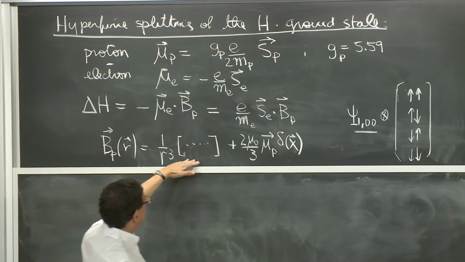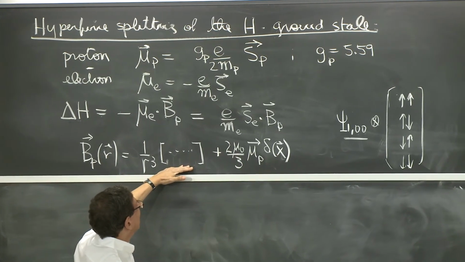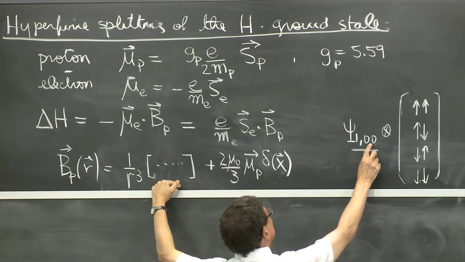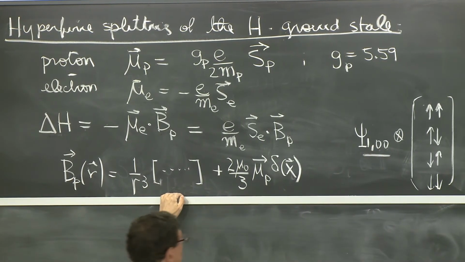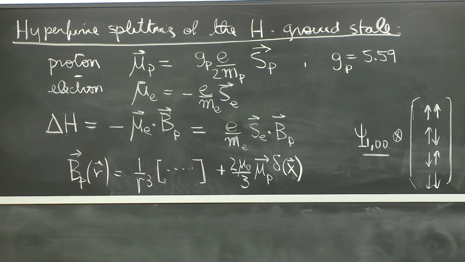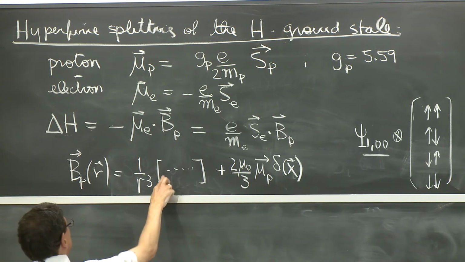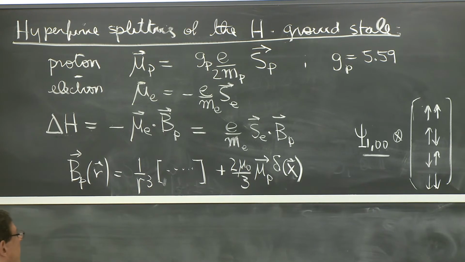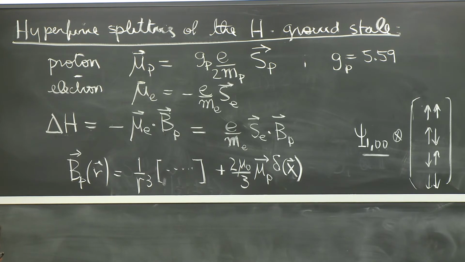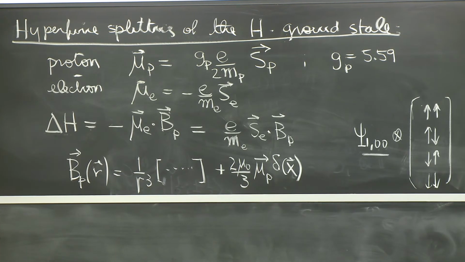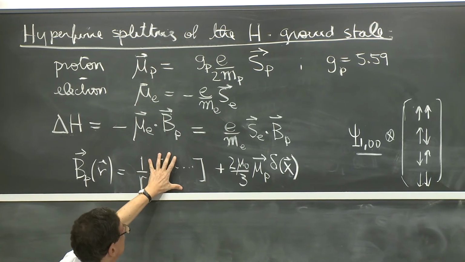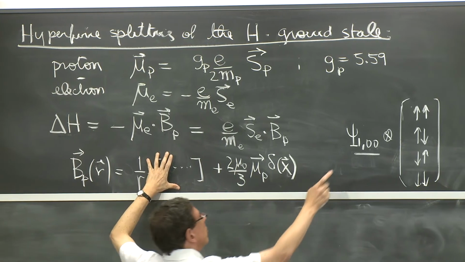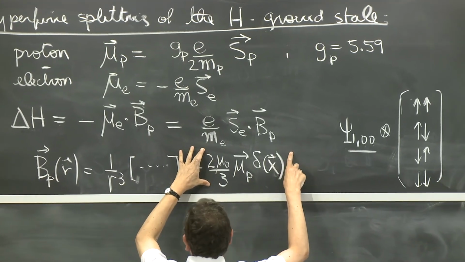This whole term that I didn't write completely vanishes for any state that has L equals 0, in fact. It can be shown. I will not do the computation here because that's not directly relevant to the example. If you want to check this, maybe we'll discuss it in an addendum or in some other video. But this term doesn't contribute, so by the time you insert the spatial wave function, only this term will contribute.